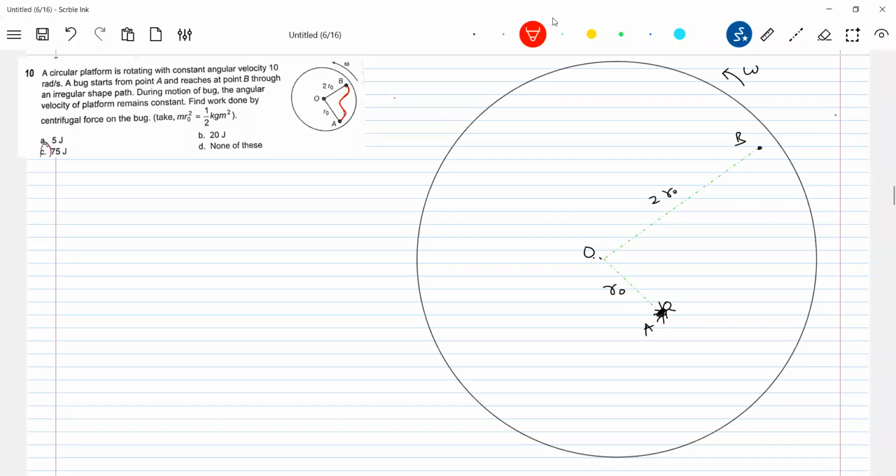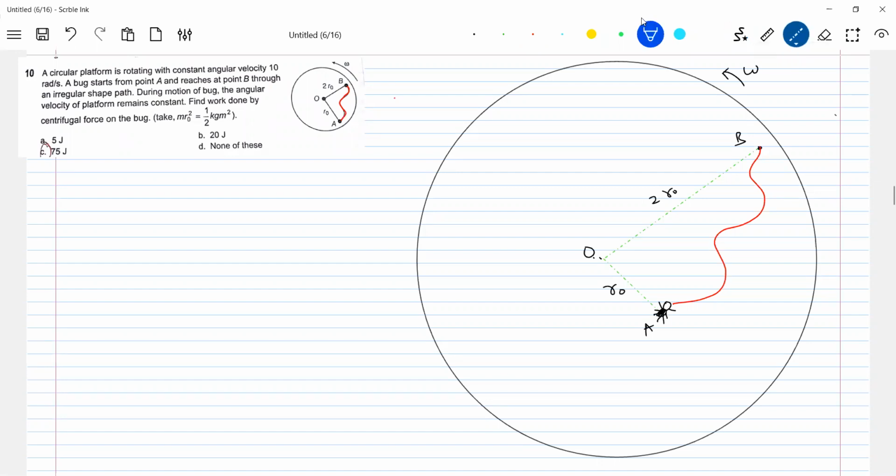So what is our path? Our path is somewhere like this. You can add any number of twists, no problem. This is the path. Okay, let's take the force.